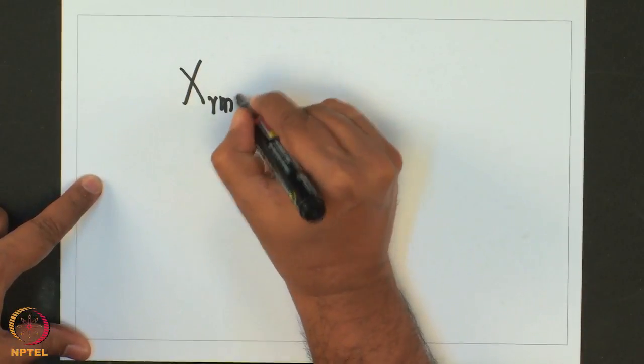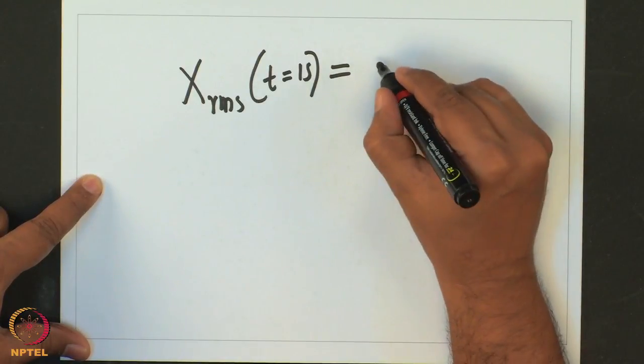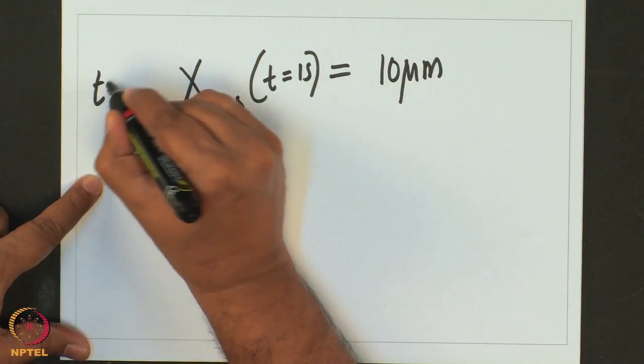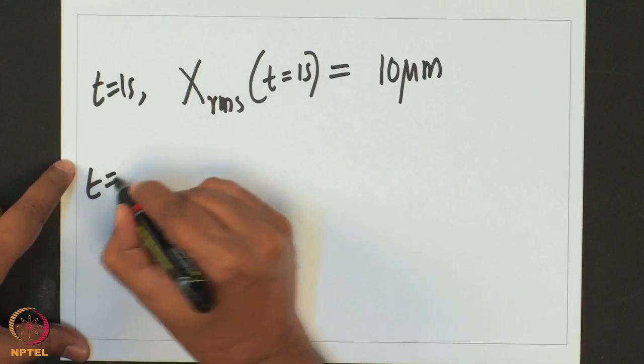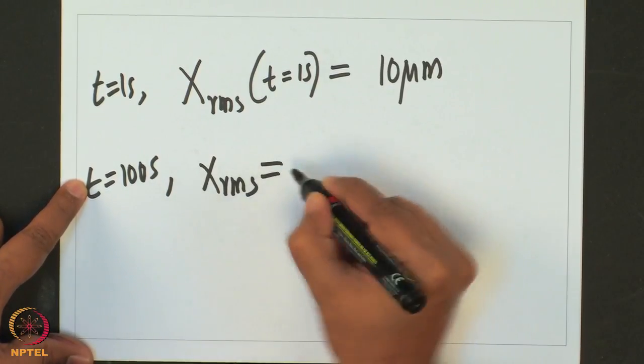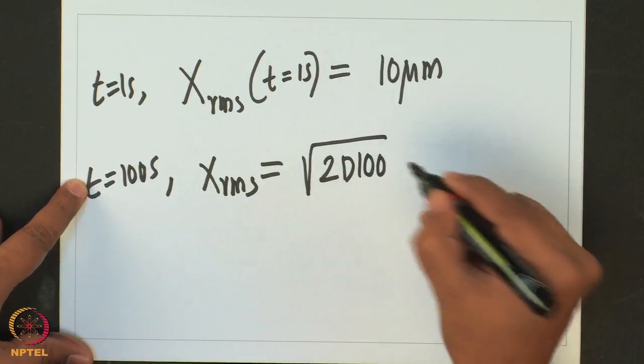Another interesting point one should remember is that let us consider 1 second and 100 seconds. So let us do this. x RMS at t equal to 1 second, we found this is 10 micrometer. Now if t is equal to 100 seconds, x RMS will be root 2D times 100, where t is 100.